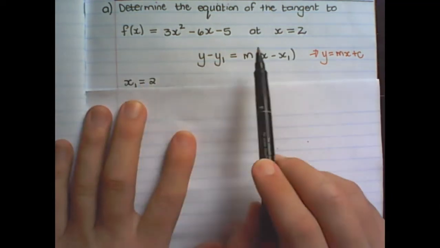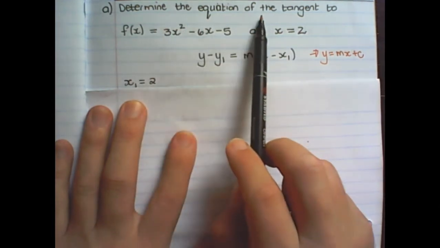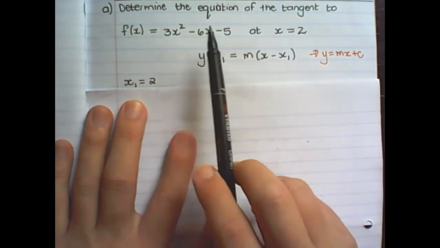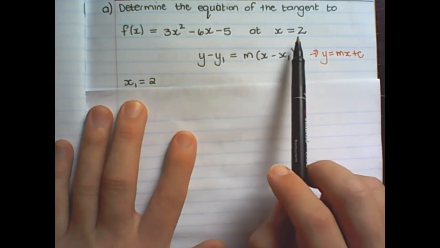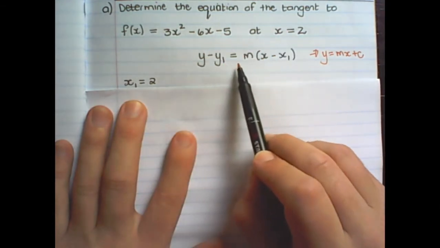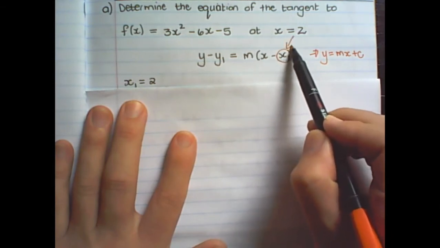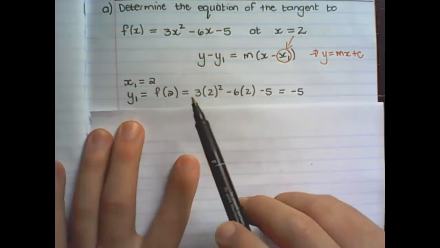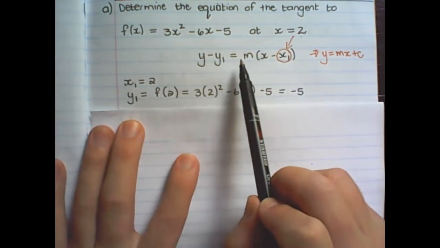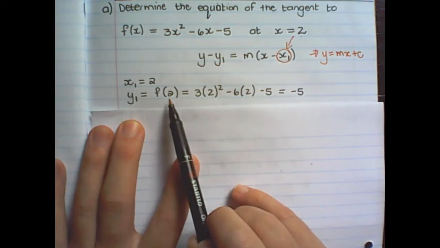So x1 is given because the question says determine the equation of the tangent to f(x) at x equal to 2. So we know we want to find the equation of the tangent line where this value is equal to 2. Now we can find y1 by substituting 2 into f(x).